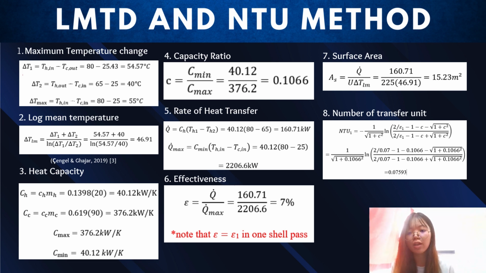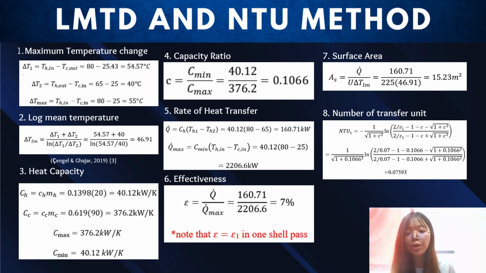And then we calculate the log mean temperature. For here, we just substitute the change in T1 and the change in T2 into the equation. Then we get the log mean temperature equal to 46.91. And then we calculate the heat capacity. For the hot oil, the heat capacity will be equal to 40.12 kilowatt per Kelvin. And for the cooling water, the heat capacity will be equal to 376.2 kilowatt per Kelvin.